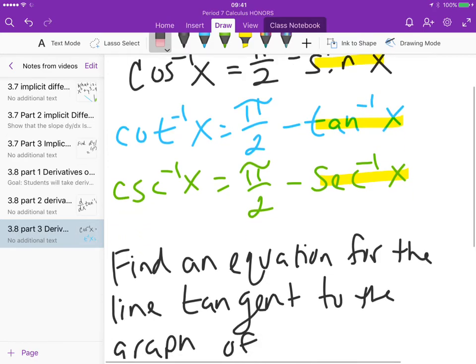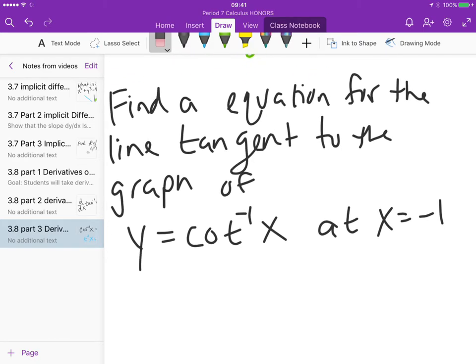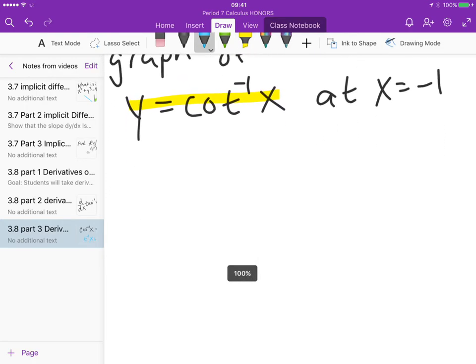So the example that we're going to look at here today, guys, is let's find an equation for the line that is tangent to the graph of y equals cotangent inverse x at the specific point in which x equals -1. So first and foremost, let's think about this for a sec.